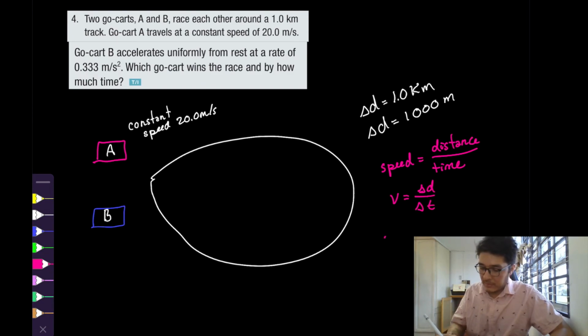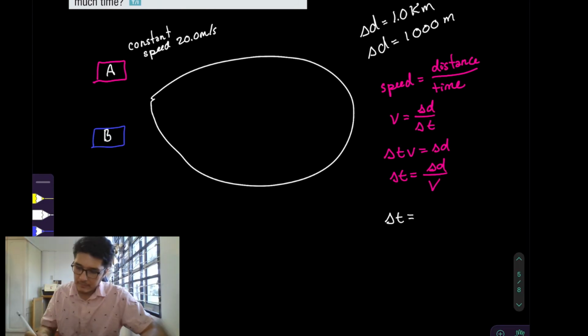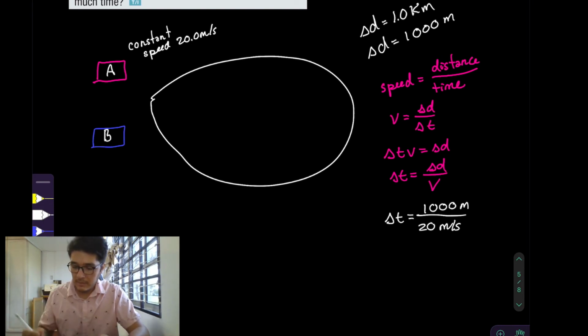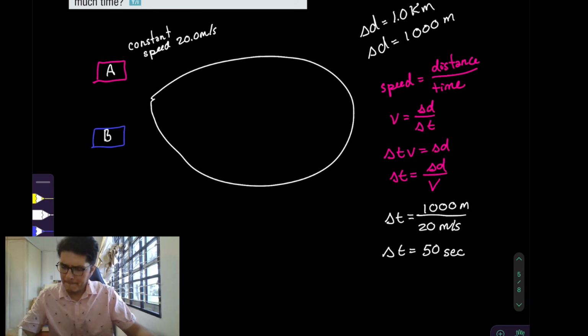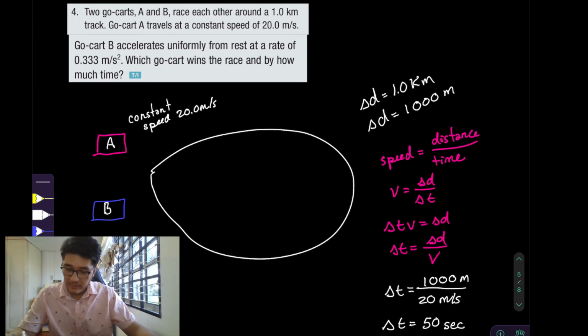Isolating for the change in time, so now let's put in the numbers. 1,000 divided by 20, that's 50. So it's 50 seconds. That's really fast. You should be careful. That's kind of dangerous, no? So that's how long it takes for A.